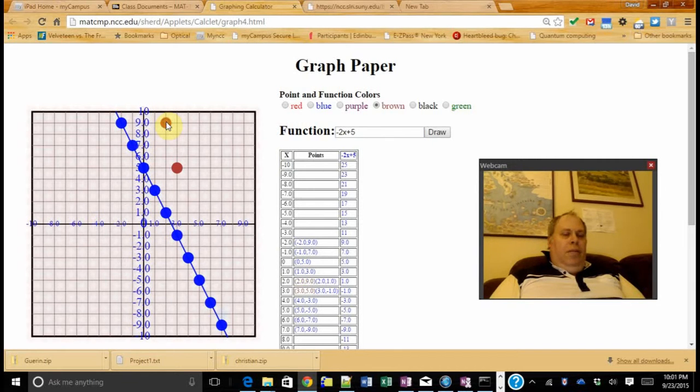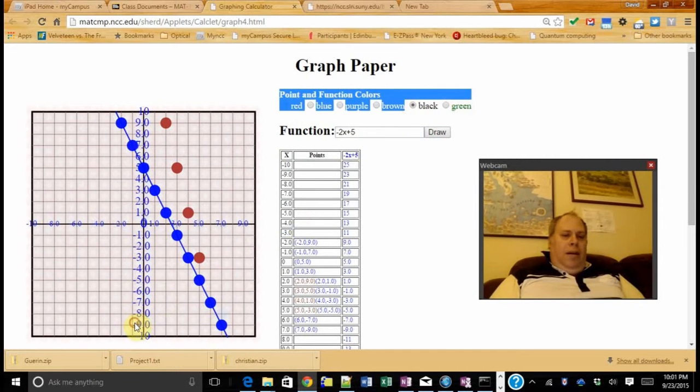to 2, 9. Now that's not going to get me anything. It's going away from where I'm trying to go. So I'll go right 1, down 4, 1, 2, 3, 4, to 4, 1; over 1, down 4, 1, 2, 3, 4, to 5, negative 3; and over 1, down 4, 1, 2, 3, 4, and this will hit right where I want it to.